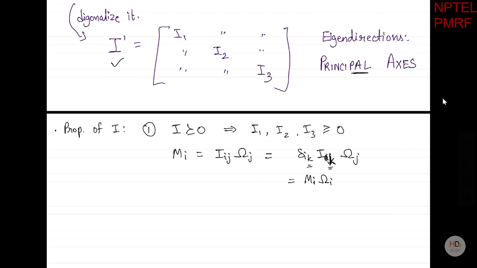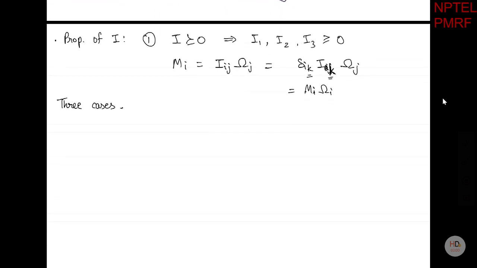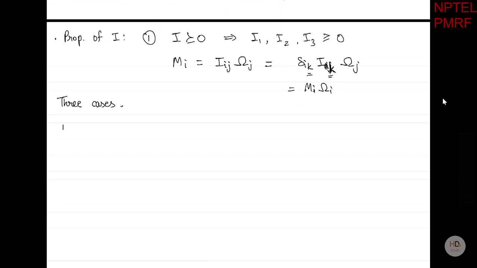Then we have three cases, or three tops. Anything which is rotating, we just call it a top. The first is the perfectly spherically symmetric top. It means orientation doesn't matter. You look at it from any angle, it looks the same. A sphere, basically.